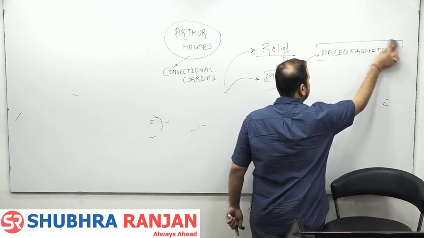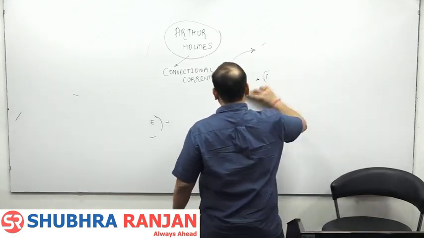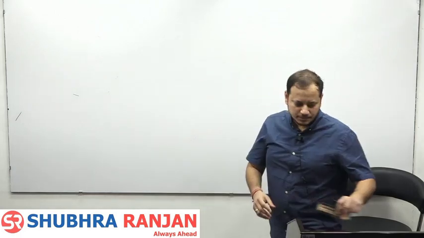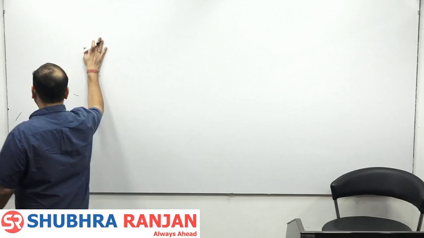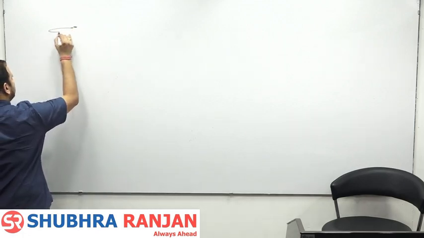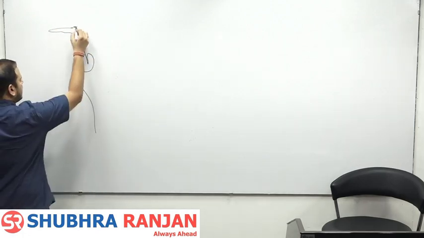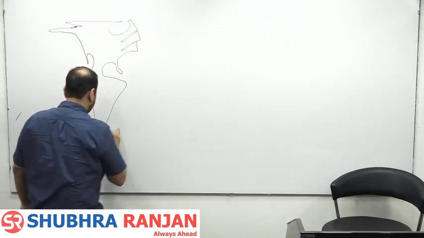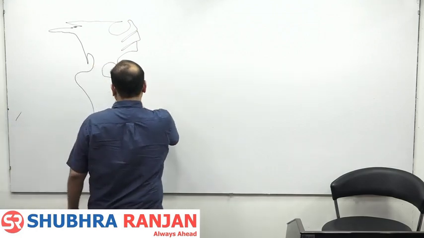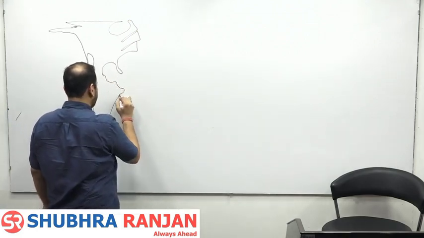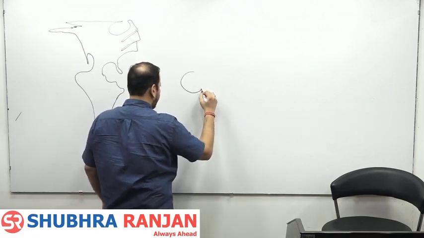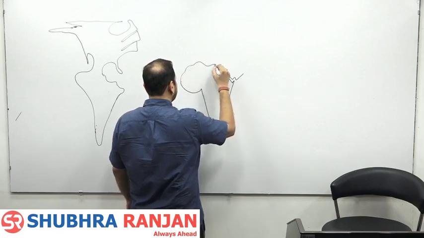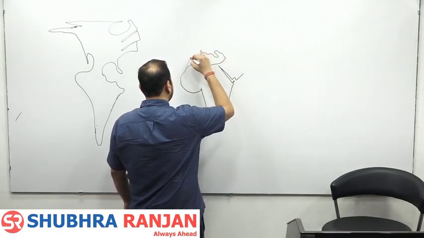Point number 2, except for Australia and Antarctica, most of the continents are roughly triangular in shape.